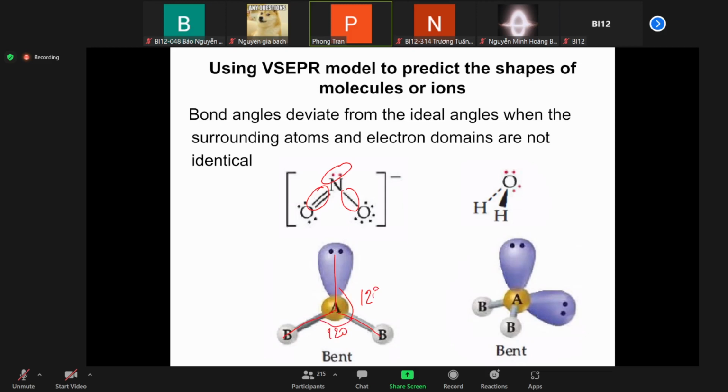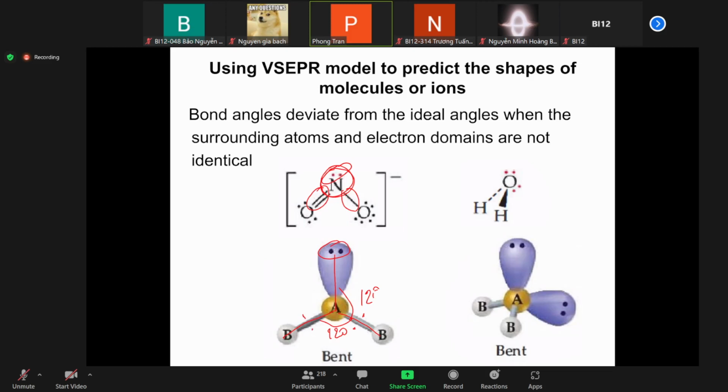But now you see that the electron domains surrounding this nitrogen are not identical. You have one electron domain which is non-bonding. It has one pair of electrons, not bonding. And the others are 2 bonding electron domains.